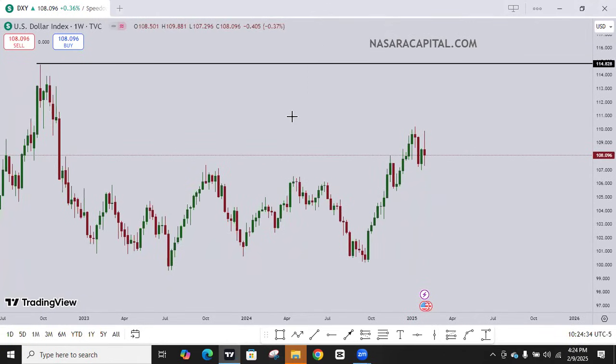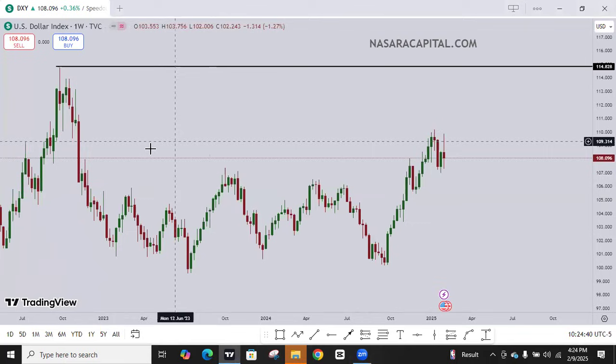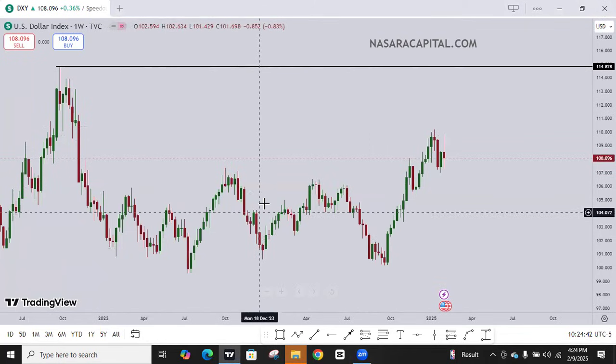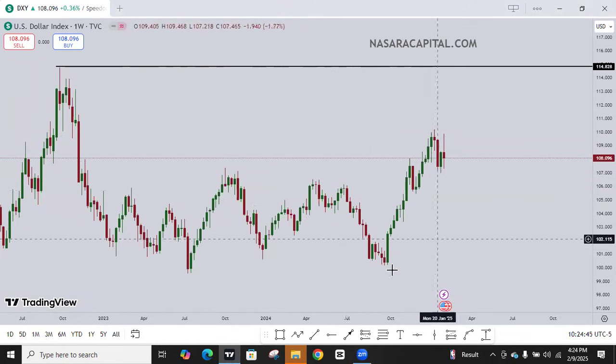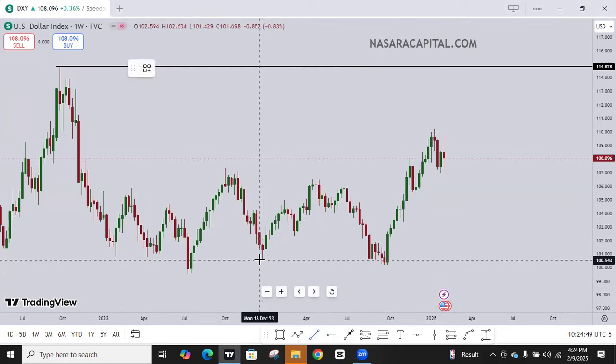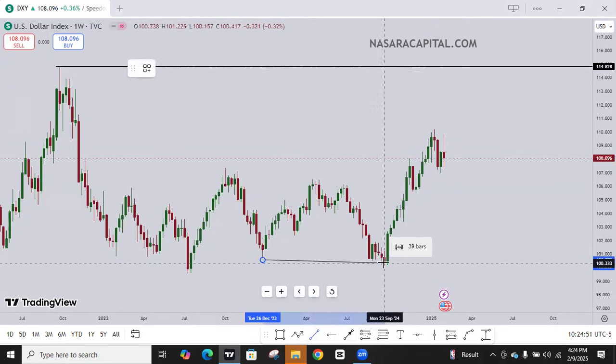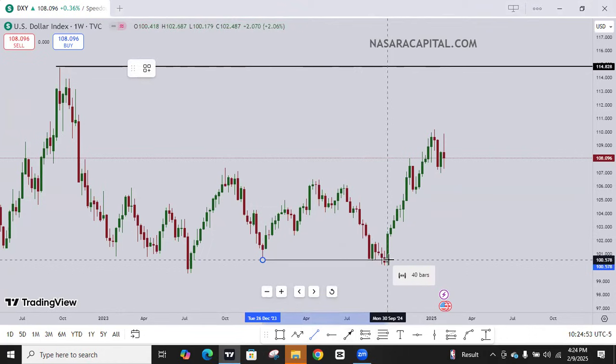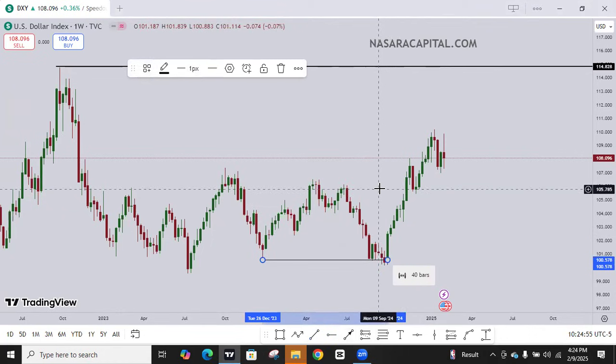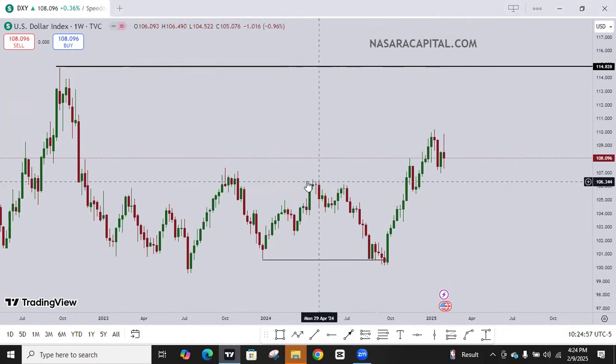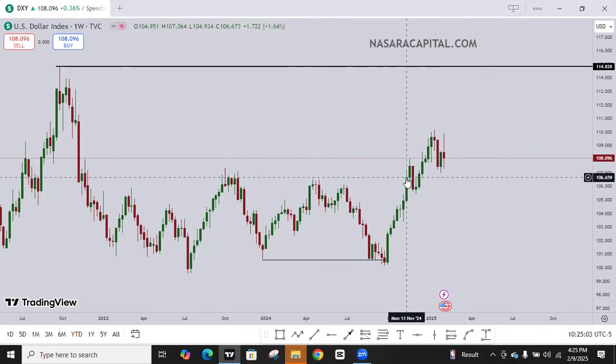So this is dollar index, and I am going to start from the weekly outlook. I hope you guys can still remember the analysis I dropped. I call this low, I call this very low on dollar index. If you can go back to September where I dropped this analysis, I was expecting a delivery towards these relative equal highs, and that happened in November.